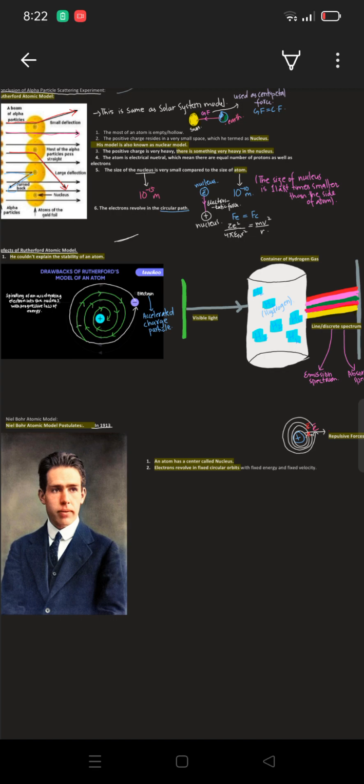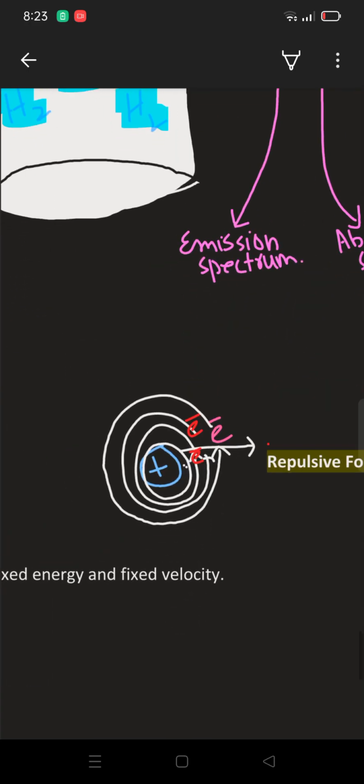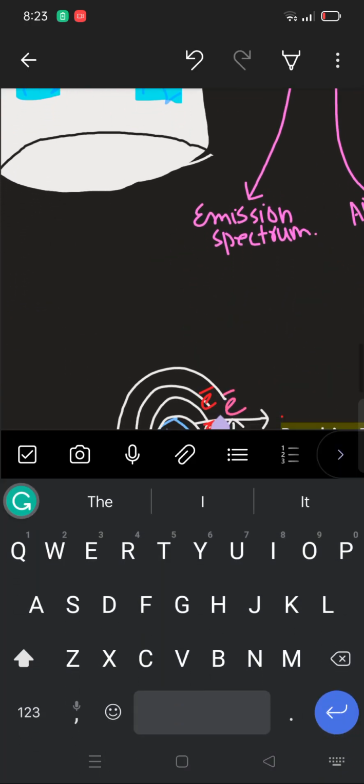There will be repulsive forces instead of attractive forces. So according to Rutherford, an electron can revolve in any shell, at any nuclear radius, right? It can be radius 1, radius 2, or radius 3.